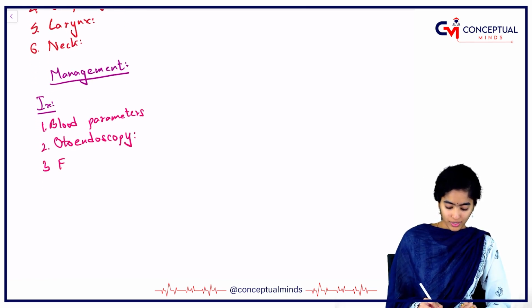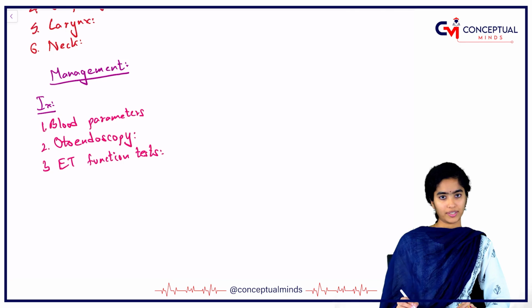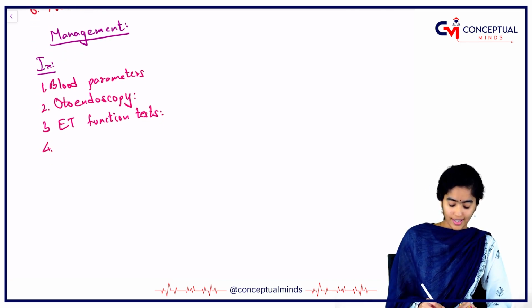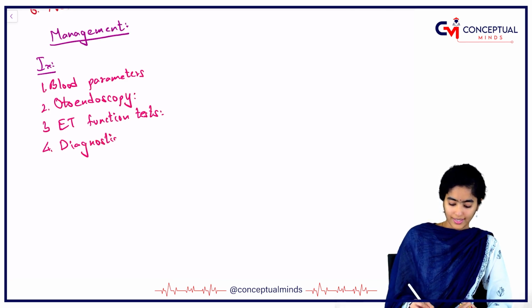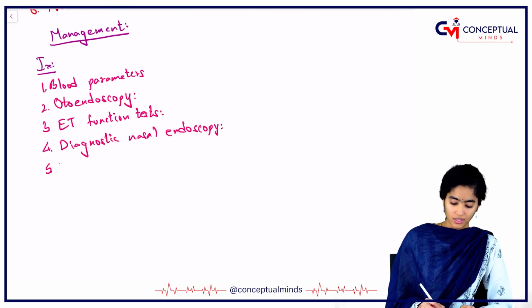And then eustachian tube function tests have to be done to rule out any disorders of the eustachian tube. A diagnostic nasal endoscopy is also done for the nasal pathologies. This is followed by laryngoscopy.